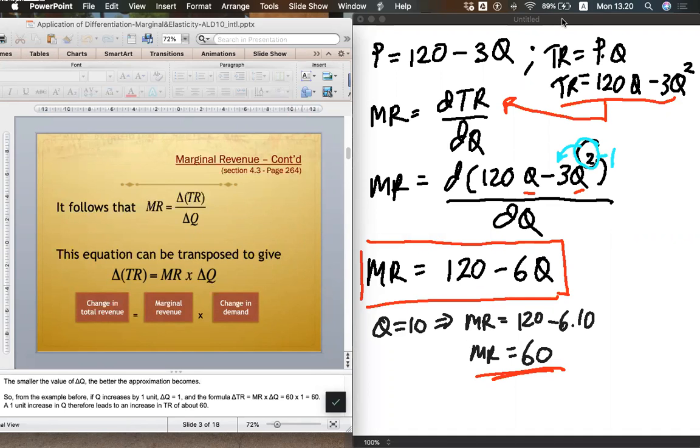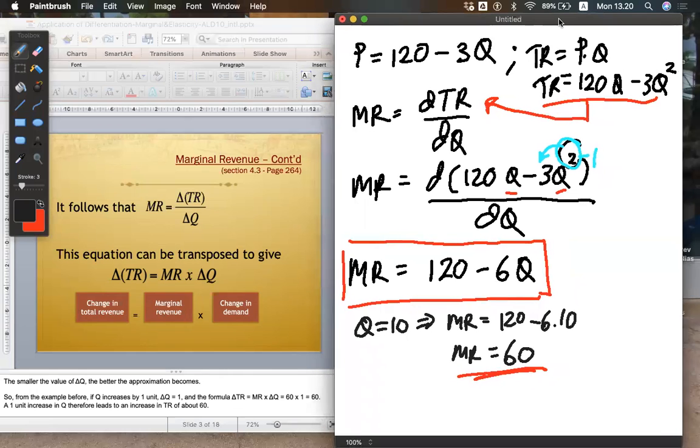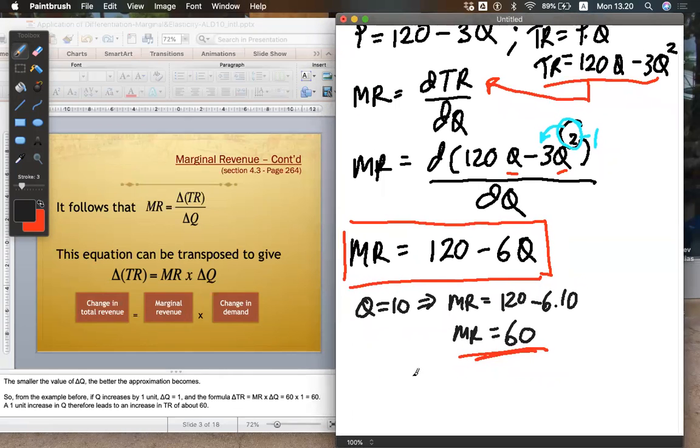So if we solve it using this equation, we can write again in this part, delta TR equals MR, this is an MR, 60 times delta Q times 1. So delta TR, or the change in TR, equals 60.